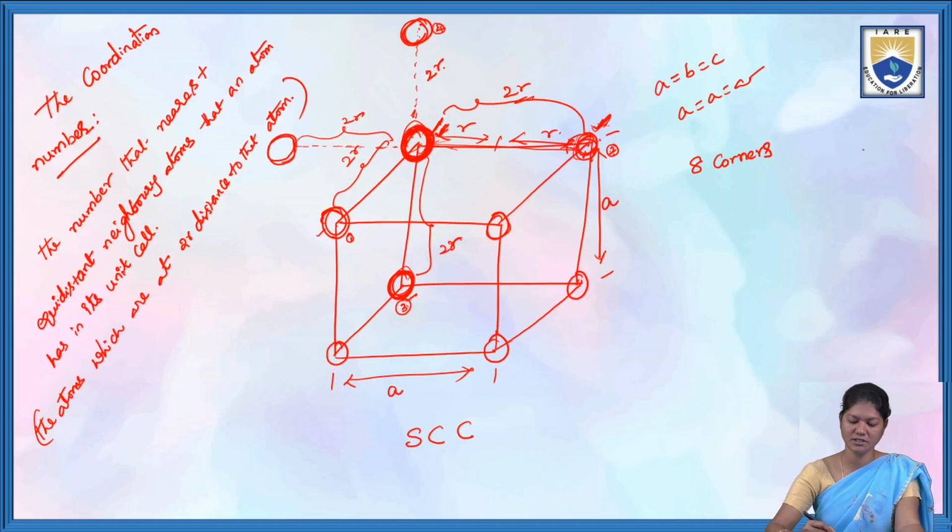And to this atom inversely there is another neighboring atom at 2R distance.